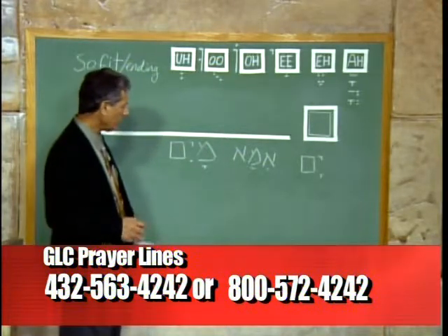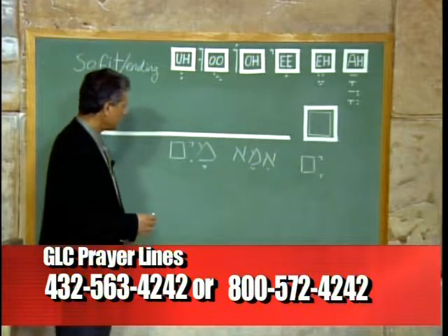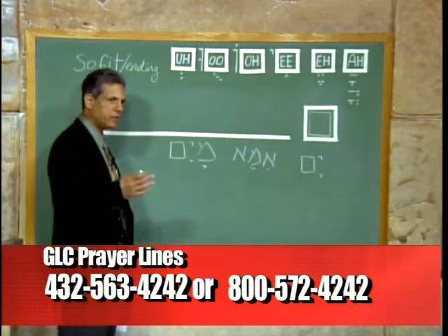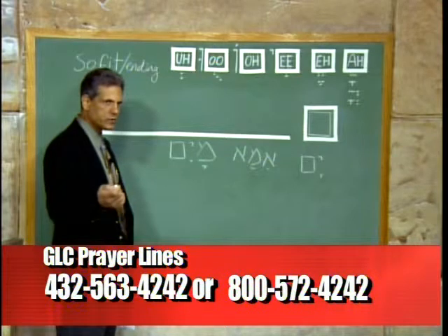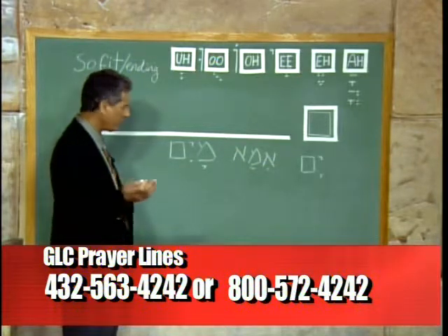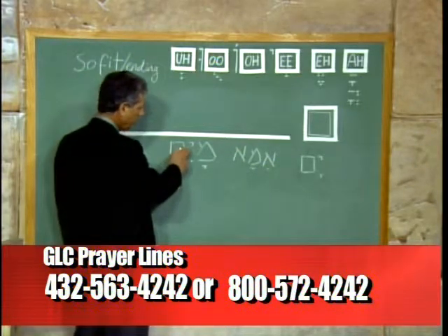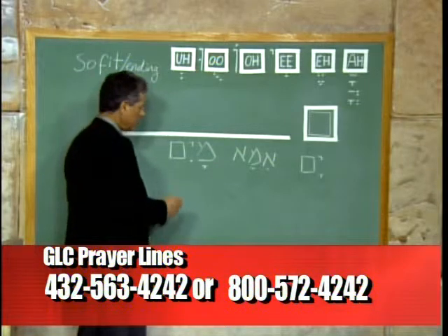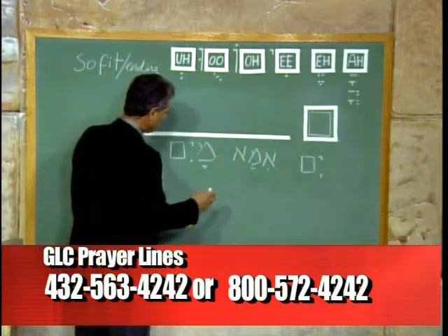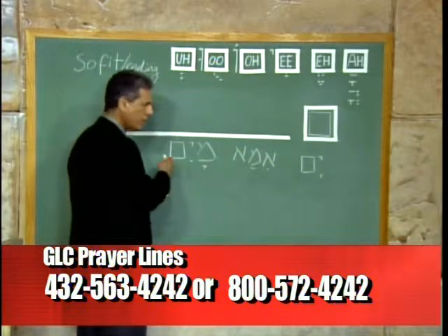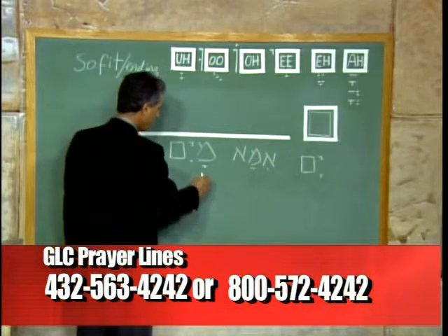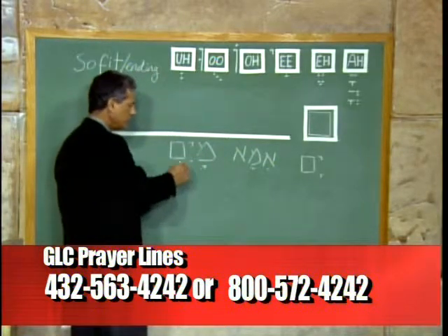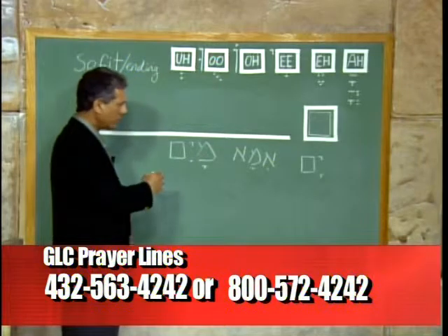Mayim happens to be water, and it's a word that can be read forward and backwards, and you get the same thing, because you have a mem, yud, and another mem. Interestingly enough, if you read the concepts, you have water, you have a yud in the middle, and you have another water.